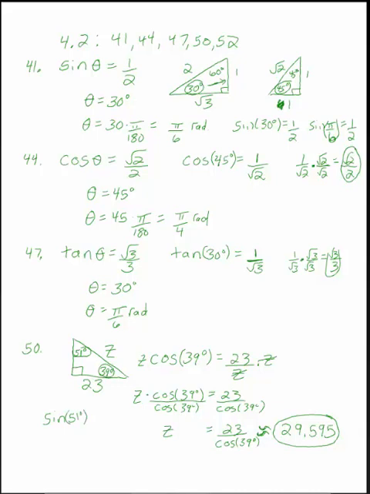That's the opposite over the hypotenuse. Well, the opposite side from 51 degrees is 23, and the hypotenuse is z. So notice that's a different equation than the one that I wrote, but it's still a valid equation based on this triangle. And if I solved that out, I would get the exact same answer for z.